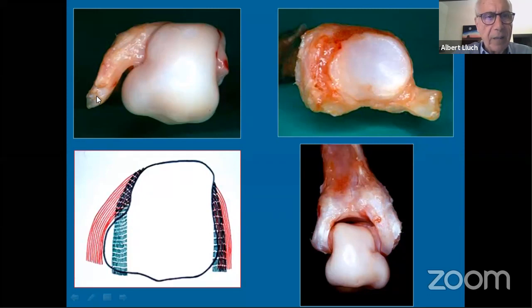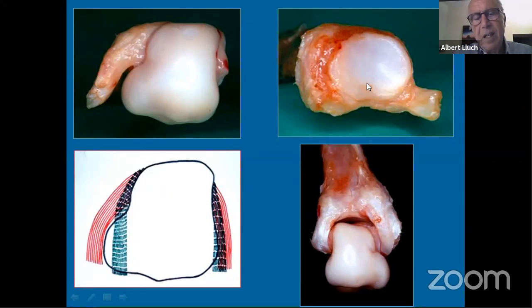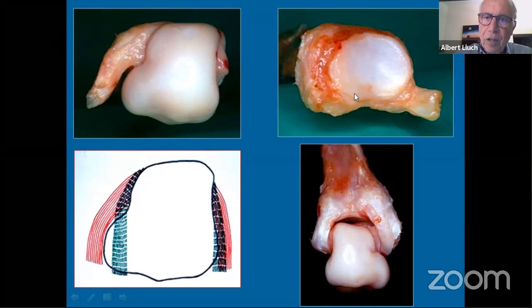Here I cut the ligament from the insertion into the proximal phalanx. And in the proximal phalanx, this is the base, the articular surface, I did the reverse. I cut the collateral ligament from the metacarpal. So we can see that the collateral ligament inserts in the most volar part of the proximal phalanx.